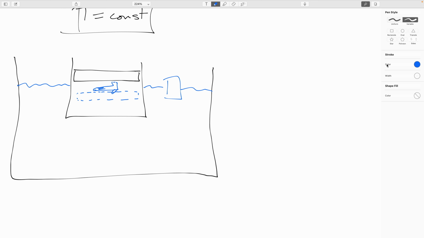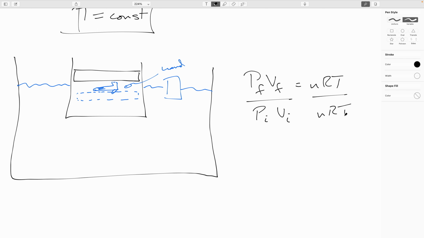There we go. That's a hand. You know it's a hand because I labeled it as a hand, and I know I did the worst job ever of drawing it. Anyway, we can say P final V final equals nRT, and P initial V initial would also have to be equal to nRT.